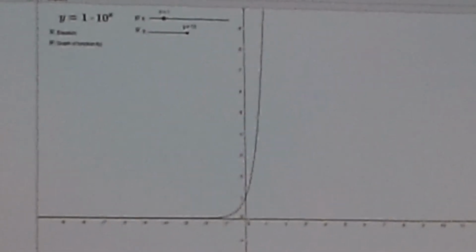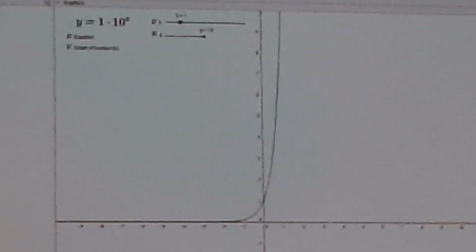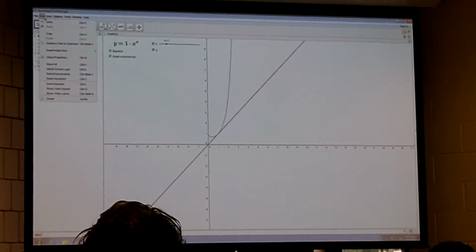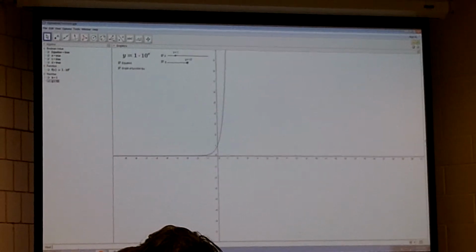So if we make a function here, I'm going to say g of x equals x, and I'm going to graph that. Ooh, what happened there? Oh, g was already used. Can I undo? I think g was already used for the growth factor.